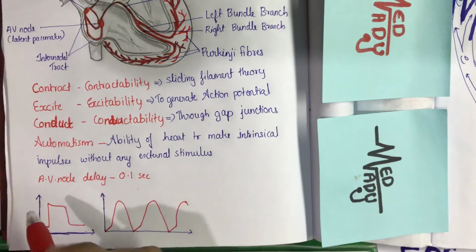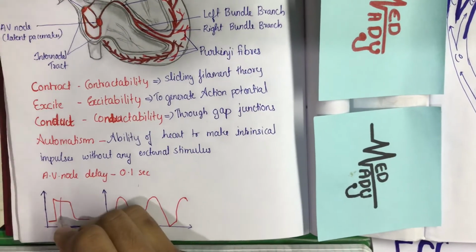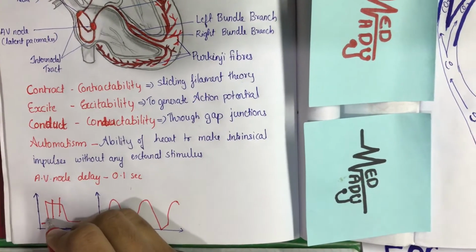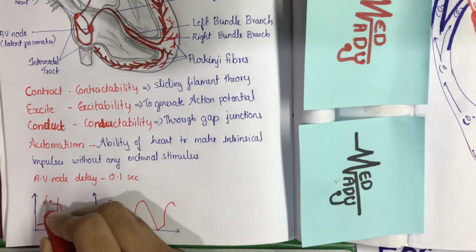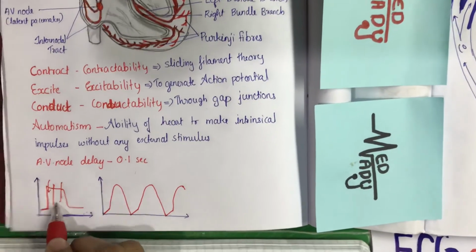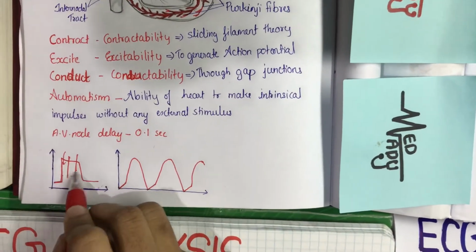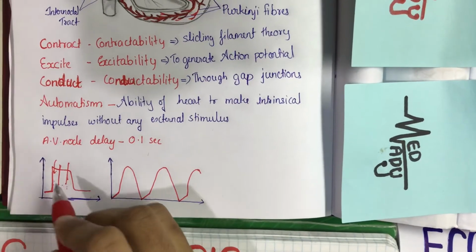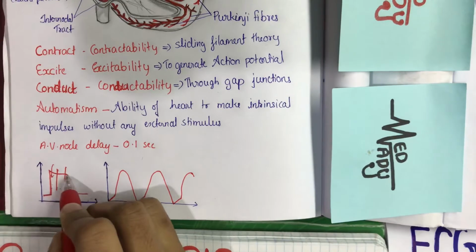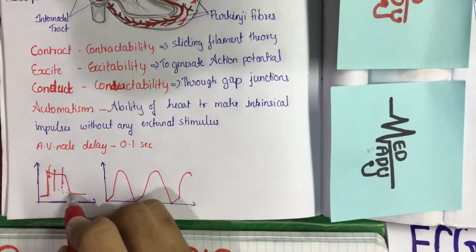So we can say that in this part of the graph the contraction of the muscle occurs. After the action potential is created, calcium enters the cell, and this calcium makes the muscle contract. So in between, the contraction of the muscle happens, and this absolute refractory period is very helpful for the muscle to have a rest also.